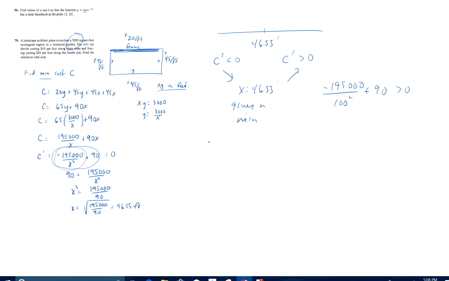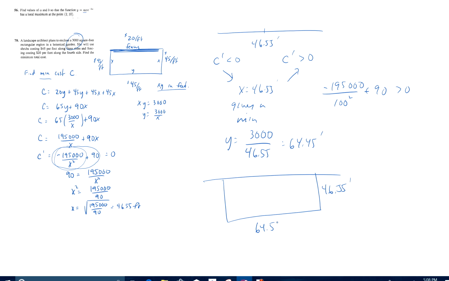So we want the dimensions. I know that y then is 3,000 divided by 46.55, which will give me 64.45. So if my rectangular region is to minimize the cost, it would be 46.55 by 64.45.